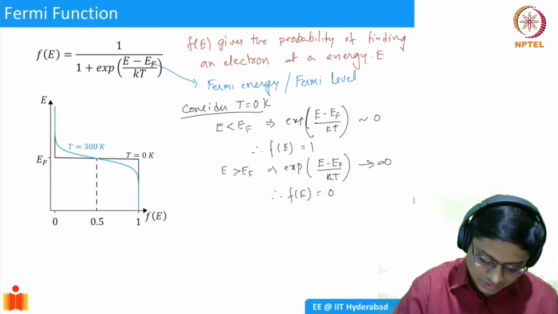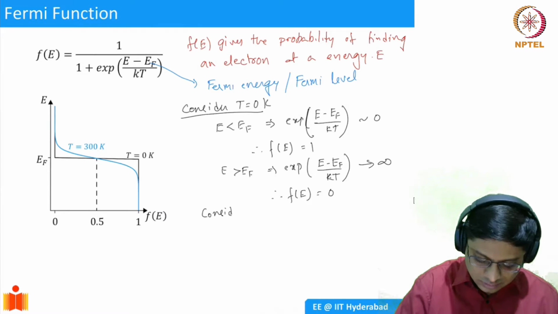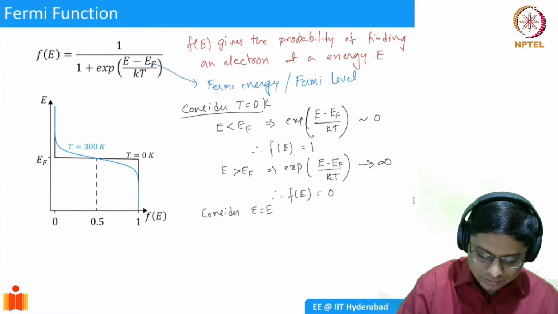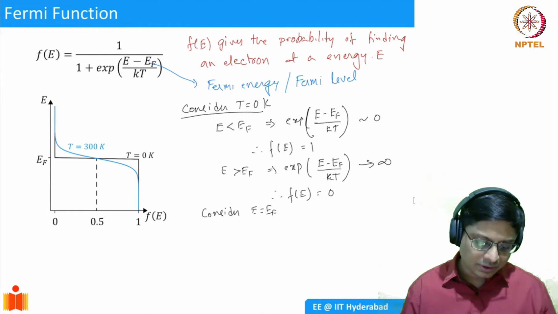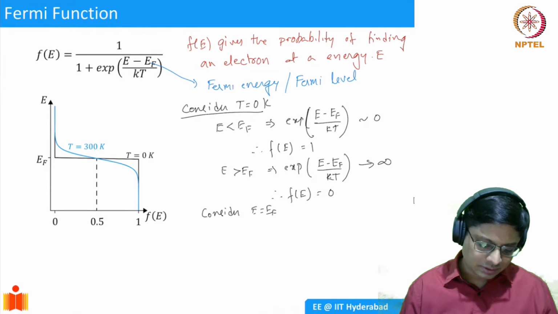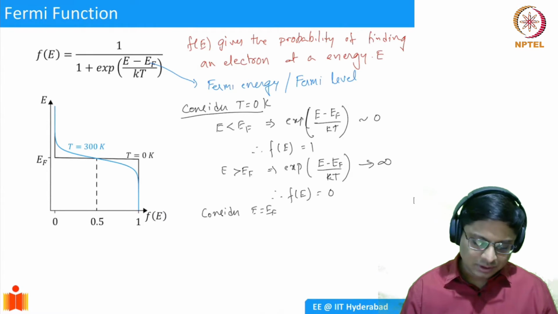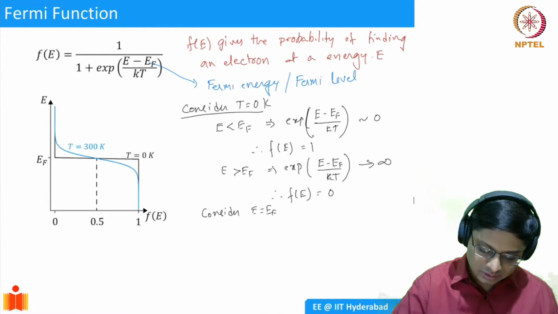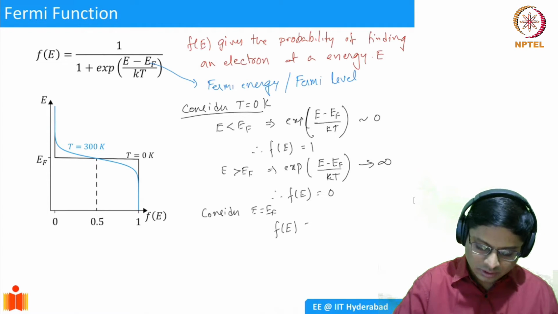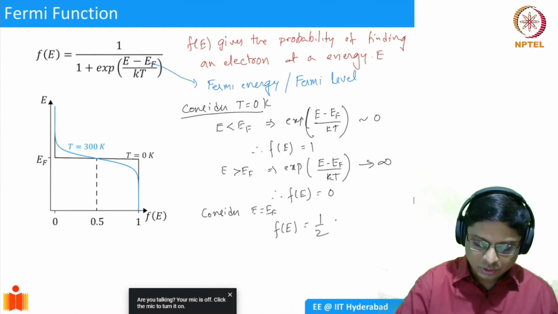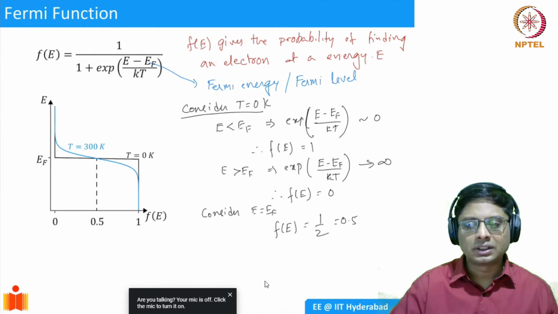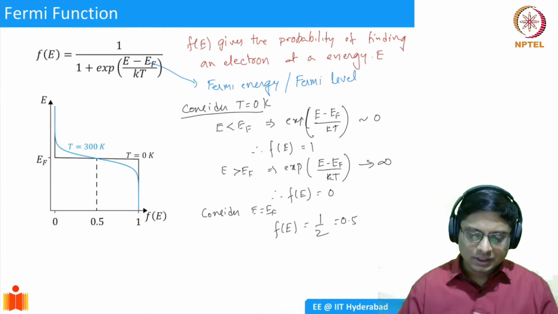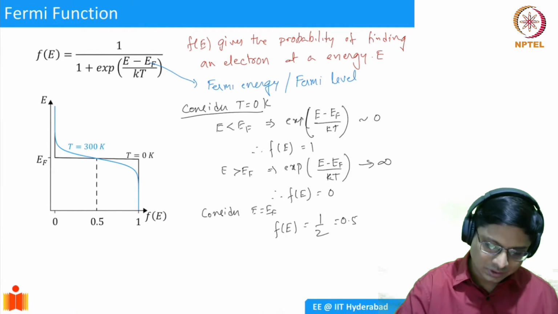For a moment, consider E equal to EF. When E equal to EF, the parameter in the exponential is 0. That means exponential of 0 is 1. So basically f of E is going to be 1 over 2, half. It's going to be exactly 0.5. So this is an important thing to note.